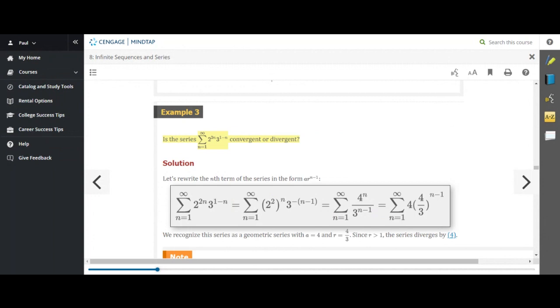In the solution here, they try to rewrite the series as a geometric series. Take a look at what they're doing in the box there, and I want to see if this makes sense to you. Maybe I can write it out a little bit in the recording.